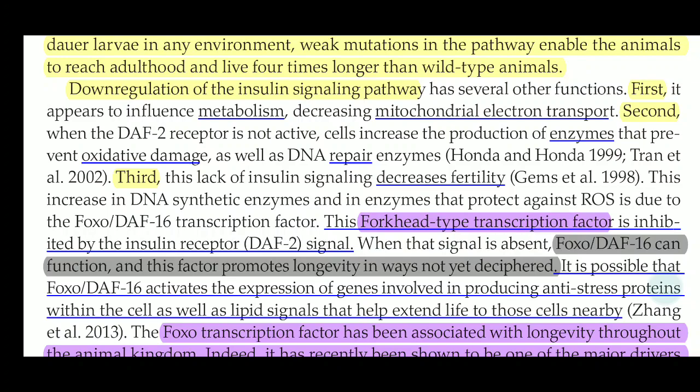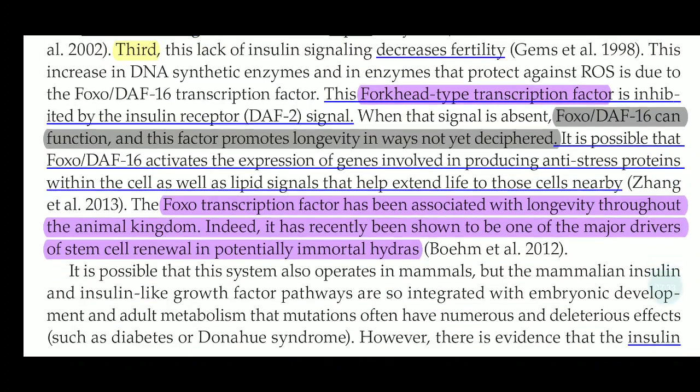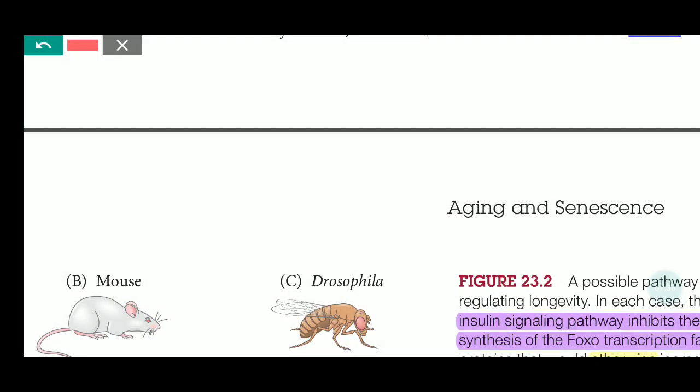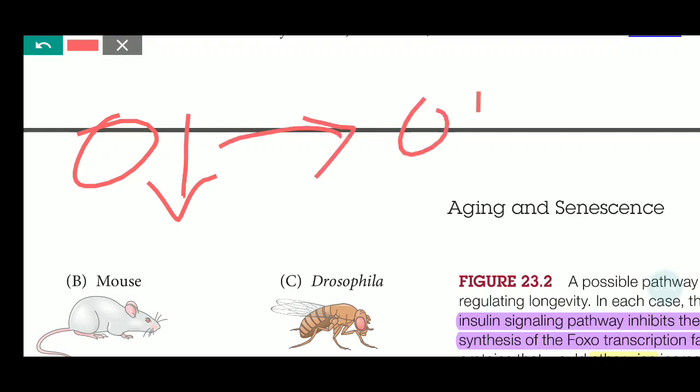So it's simply, if I could draw this in a better way, for example, this is an insulin signaling process. When it decreases because of some environmental factors, like not proper nutrition or diet not being present, then aging becomes slower. The reason behind this is that the metabolism becomes slower, and the mitochondrial electron transport system also becomes slower.